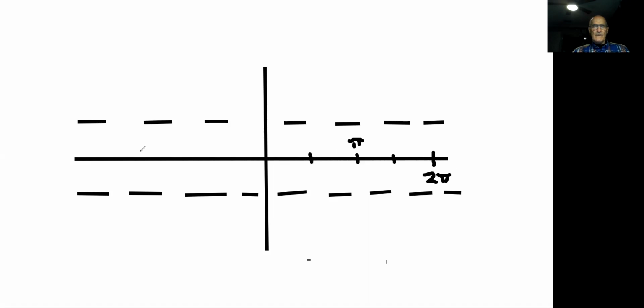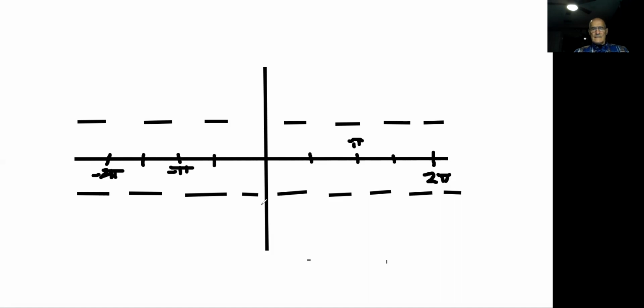Then we come back over here and do the same thing on the negative side: we've got our minus 2 pi, our minus pi, our minus 3 pi over 2 here, and our minus pi over 2 here.